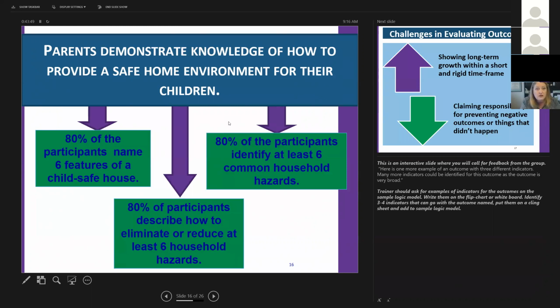Or maybe you did an initial walkthrough in their house. You identified those household hazards, and you're going back to see if they've eliminated or reduced those. You're using a checklist that you use going into the home. You're marking those down, and you can tally those and come up with those numbers. So that's fairly straightforward, pretty easy to measure.